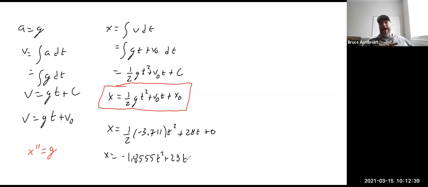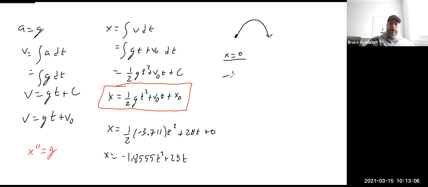So let's think about what they're asking us to do. The first one was, how long is it going to stay in the air? So that means I want to solve for t. And specifically, I toss this ball in the air, it's going to go up and then it's going to come back down. What I want to know is, when do I get back to x equals 0? So I'm going to let x equal 0.